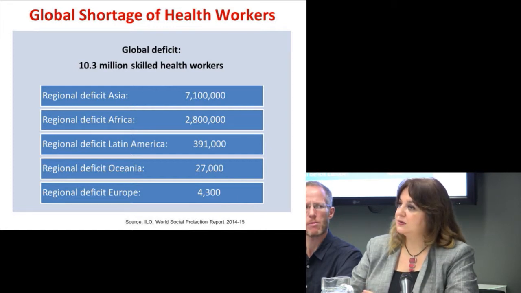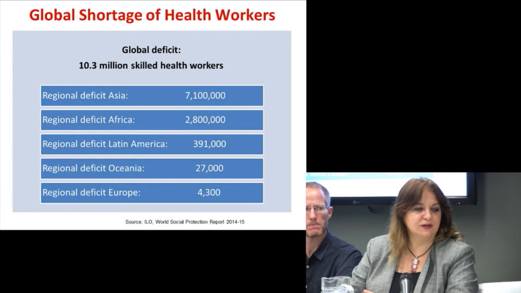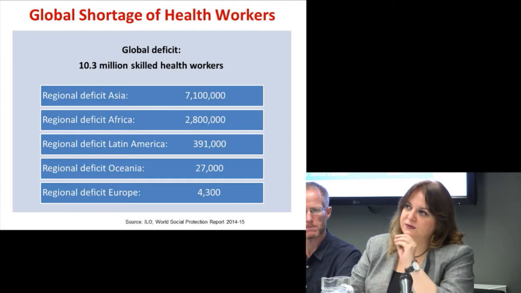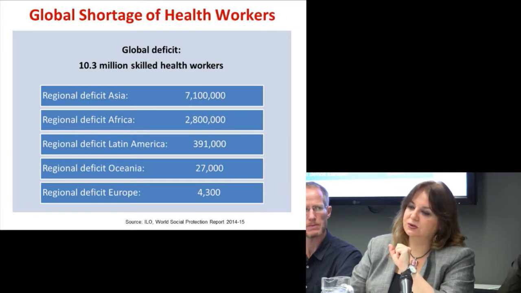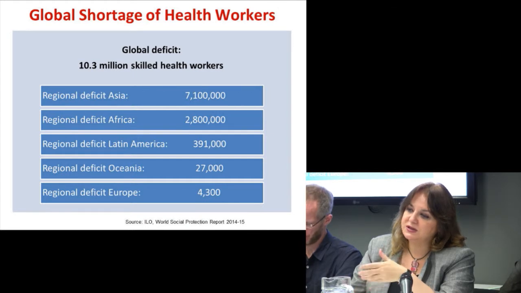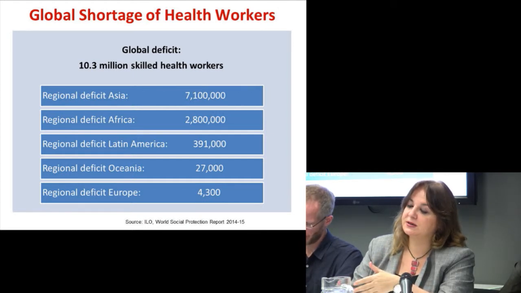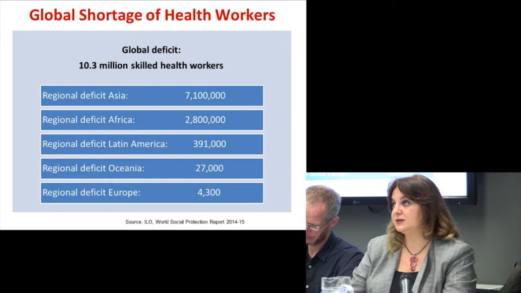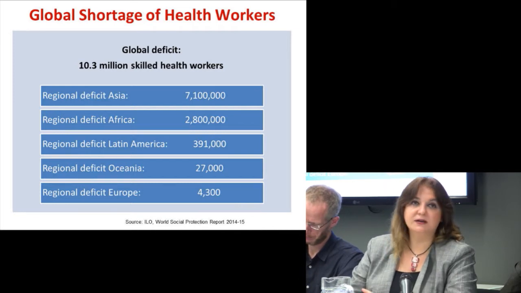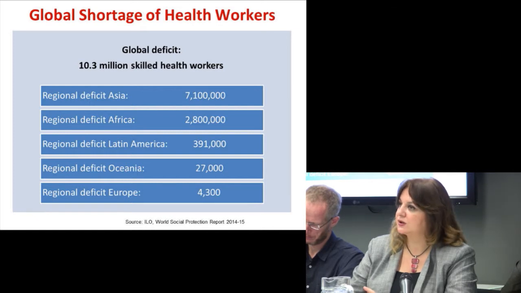A lot of aid has often worked on health systems and basic health, but there is very much need to invest in health workers, and we estimate that globally about 10 million more skilled health workers are needed. That will include nurses to doctors.